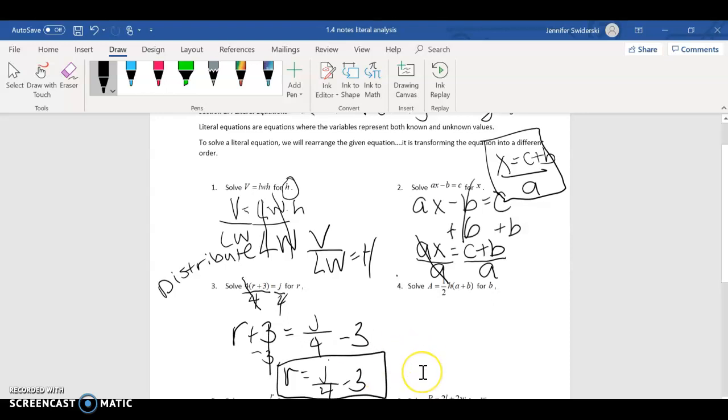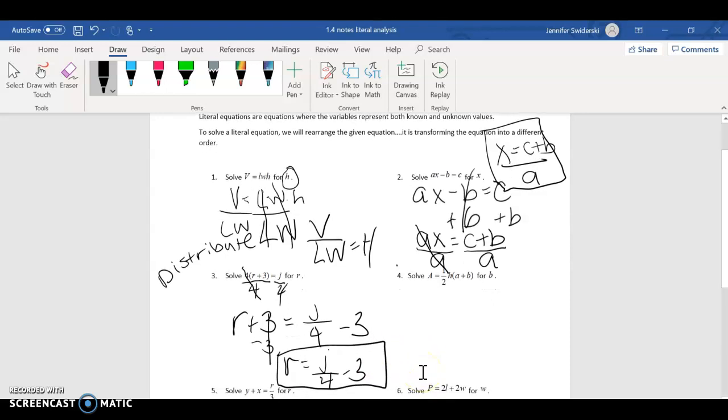This next one is a little bit trickier. It says solve A is equal to 1/2 H, parentheses, A plus B, solve for B. To get rid of this 1/2, we have to multiply by the reciprocal. So I'm going to rewrite this: A is equal to 1/2 H, A plus B. I want to get B by itself.